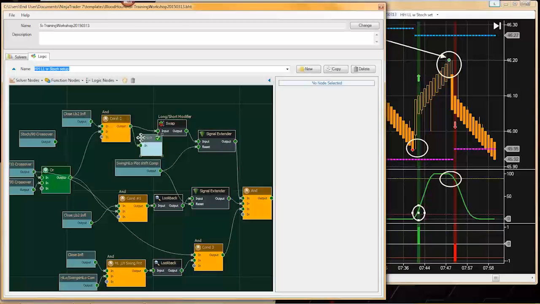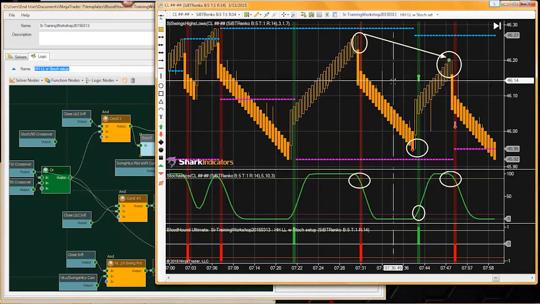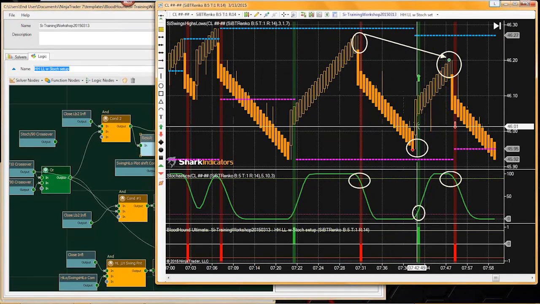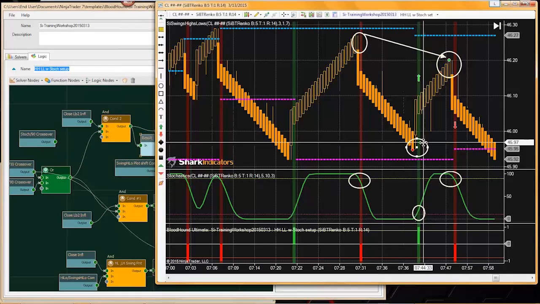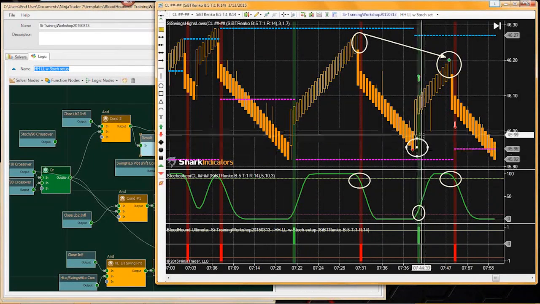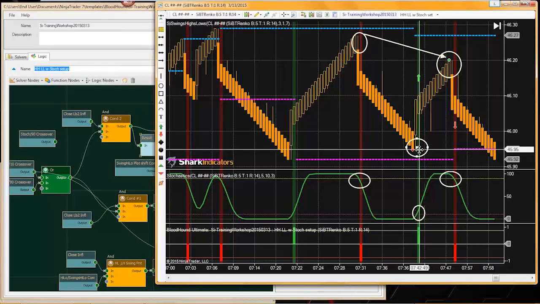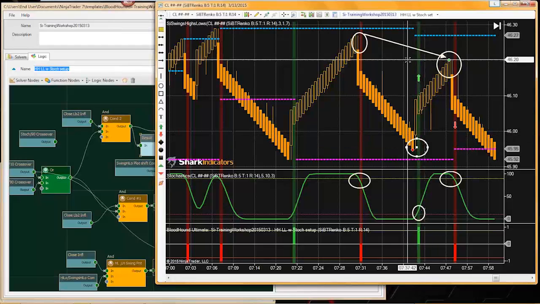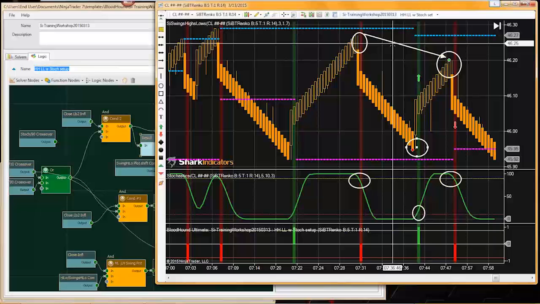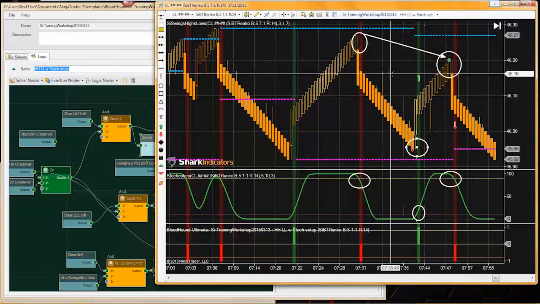we're taking a look at this condition 2 AND node, and there's our condition 2, and we do have a signal right there, but it's in the wrong direction. Remember, we're looking at the short trade setups right now.